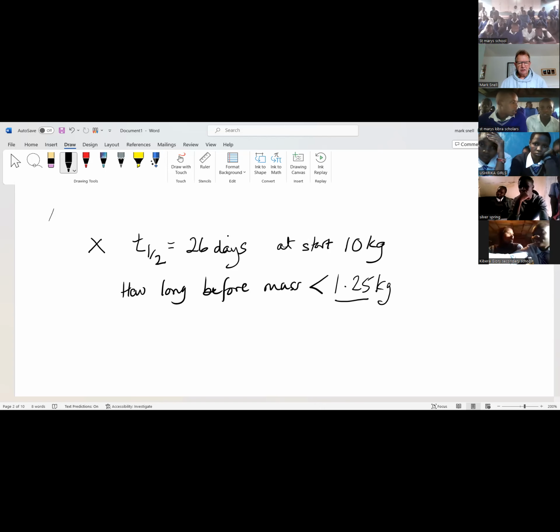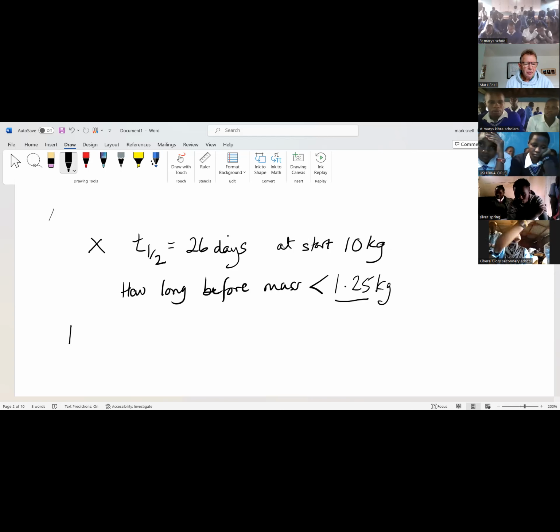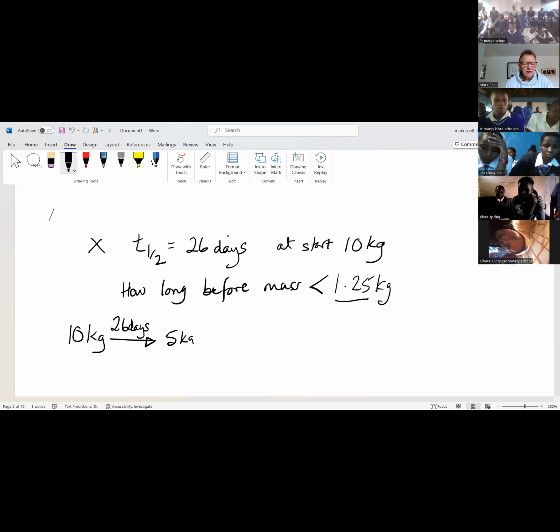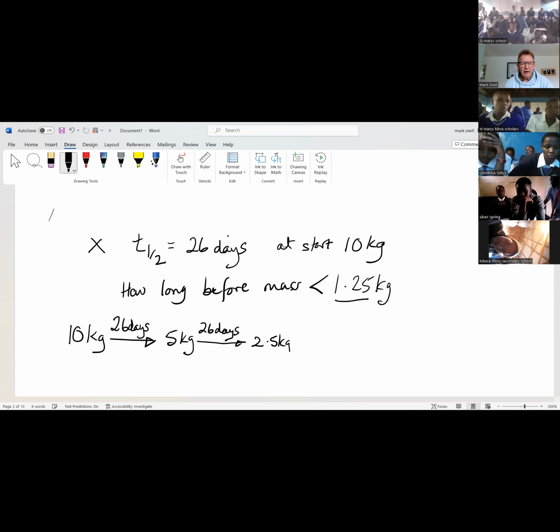Okay, I hope that's starting to make sense. So the idea is, if I've got 10 kilograms to start with, I know that after 26 days it will go to 5 kilograms. Another 26 days, and it will go to 2.5 kilograms.